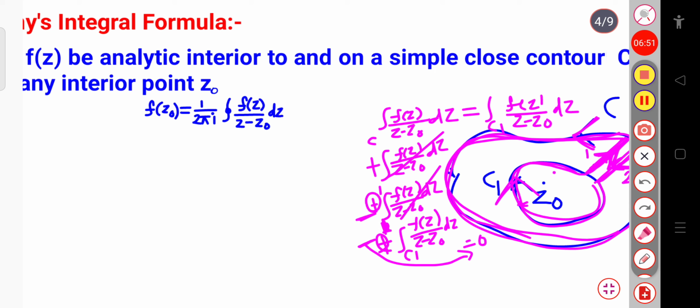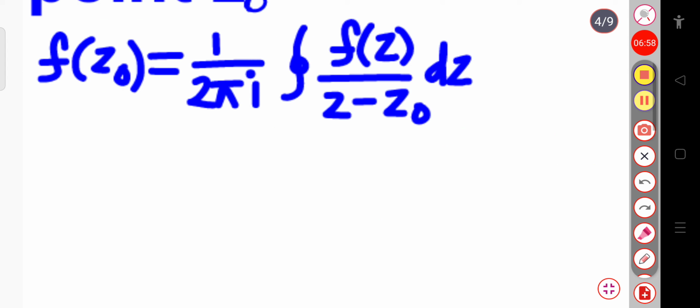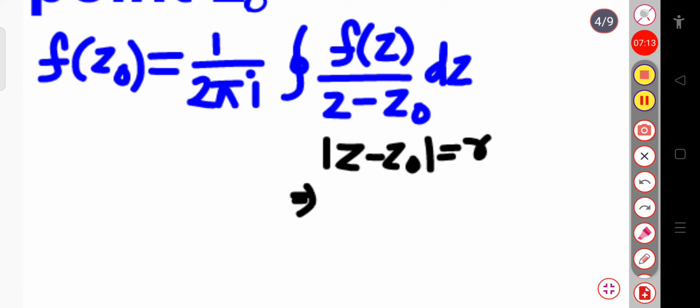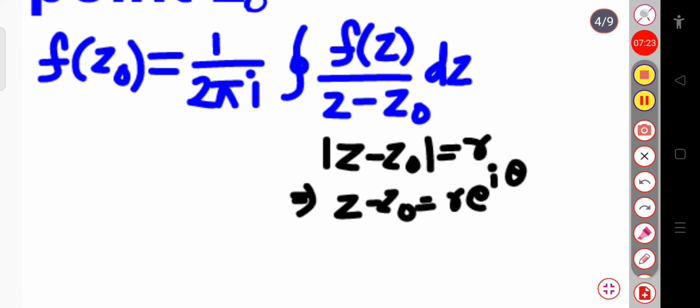Now, we are going to solve this equation so that we will get the left-hand side term. Clear? Now, let us consider that the modulus of z minus z0 is equal to r. Here we have considered this. That implies z minus z0 is equal to r exponential i theta.